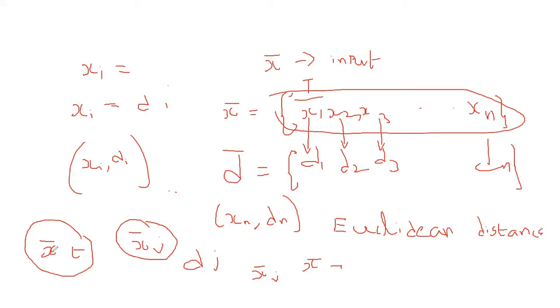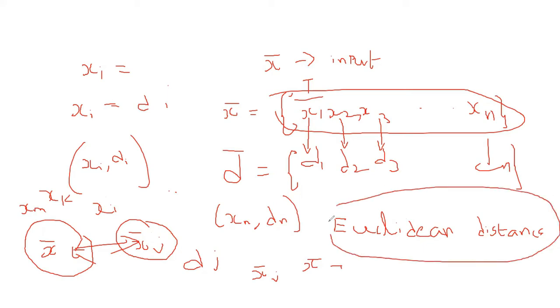Because the x bar t is closest to the x bar j. How can we say that these two are the closest? There are remaining values x1, xi, xk, xm. Many inputs and many outputs are there, and how can we say that xt is closest to xj? It means we are going to find the Euclidean distance for all the data in the memory.